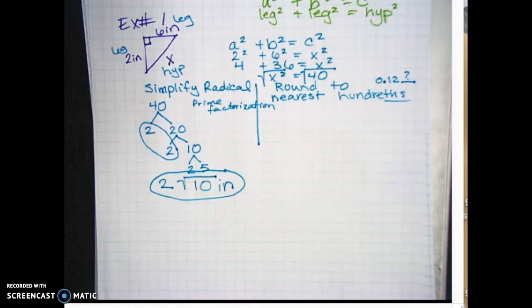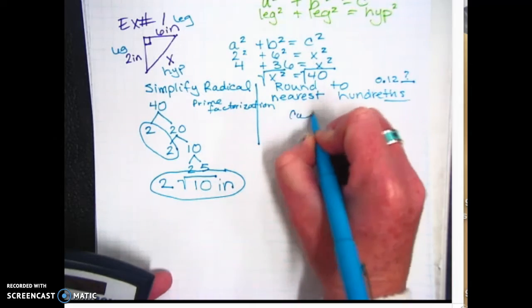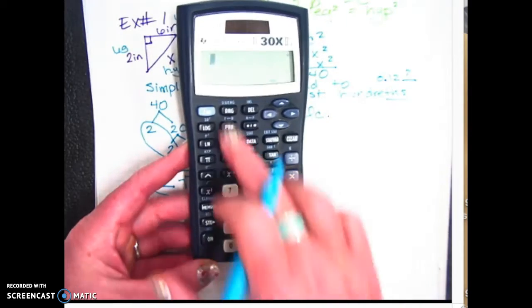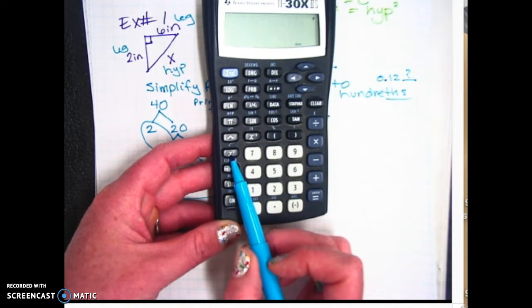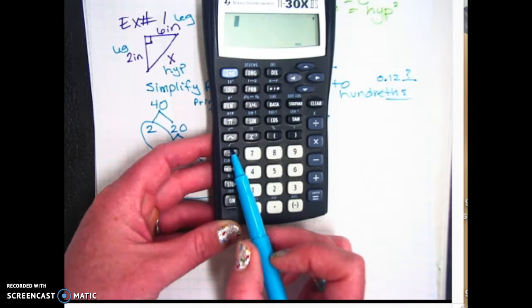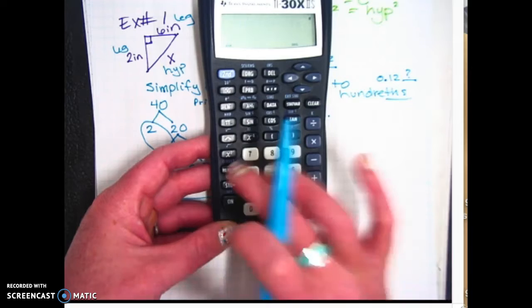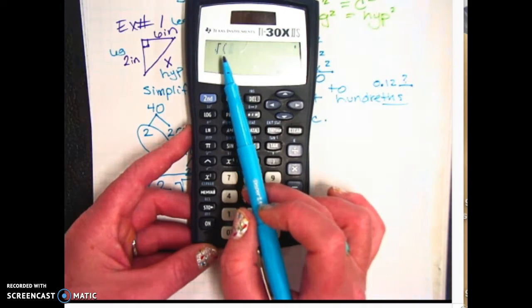If they want you to round to the nearest hundredth, you're going to take your calculator, turn it on, and use the square root button. Right above the x squared key in light blue on this calculator is a square root. So I have to hit shift or second, and then the square root symbol and parentheses should appear on the screen.